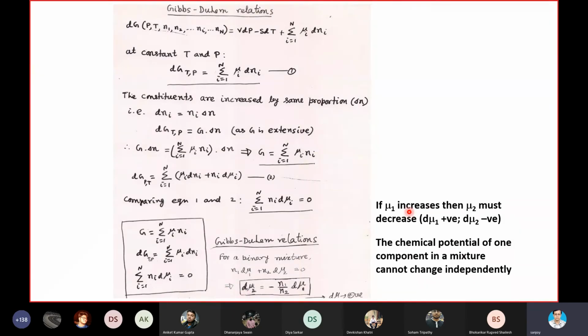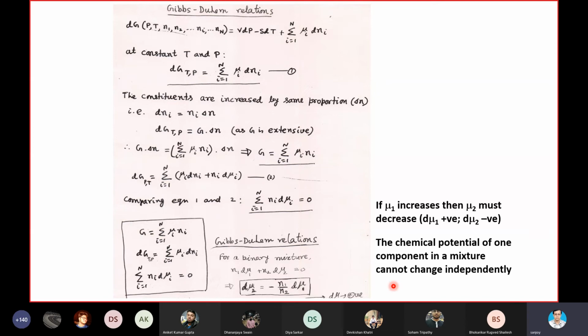So if mu1 increases, then mu2 must decrease. So it shows that if you change the chemical potential of one of the components, then every other component gets affected. So the chemical potential of one component in a mixture of many cannot change independently.